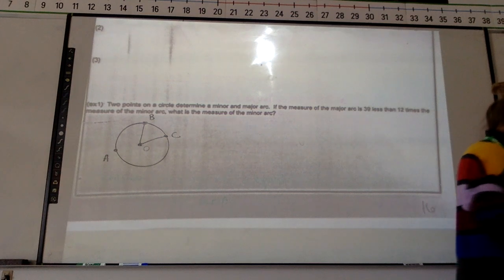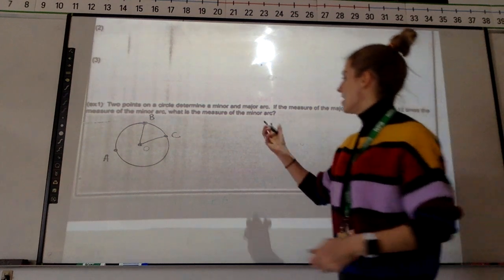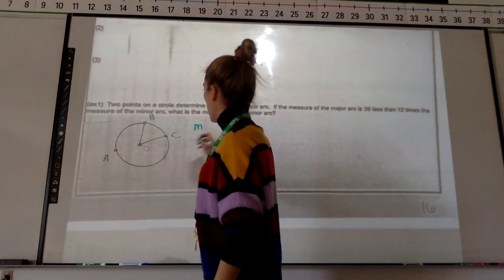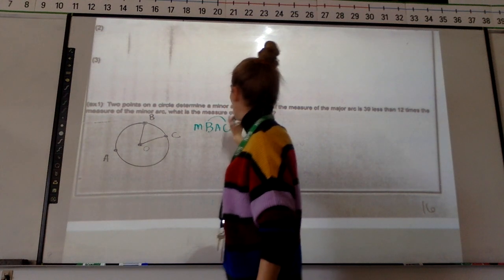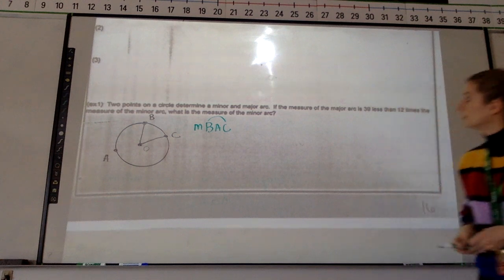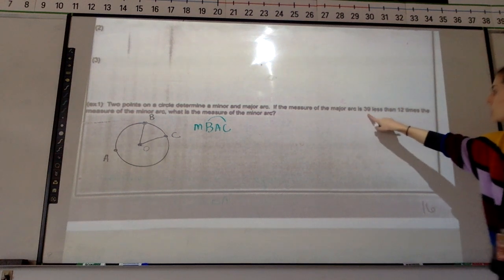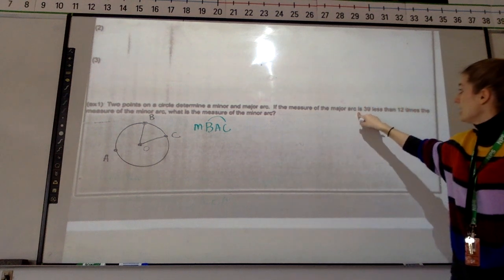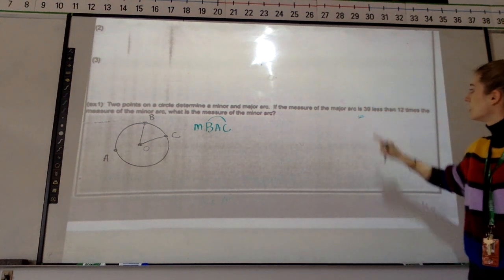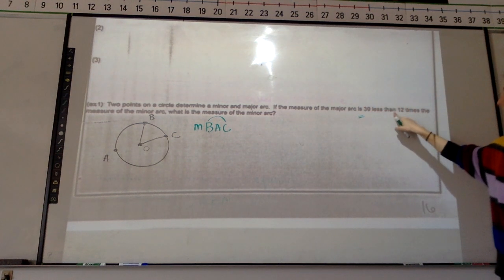So if I want to find the measure of arc BAC, that's the measure of the major arc. Let's see what I'm told. I am told that the measure of the major arc equals 39 less than 12 times the measure of the minor arc.